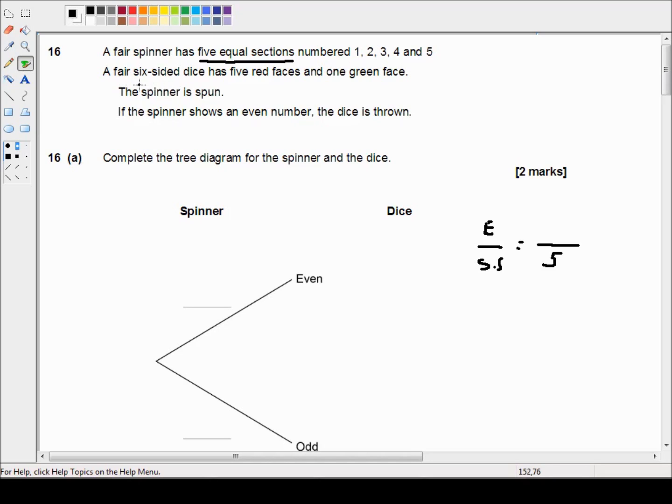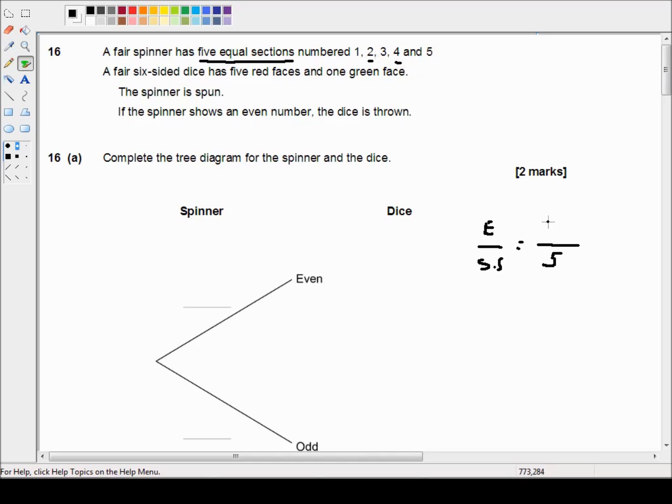Now, a fair 6-sided dice has 5 red faces and 1 green face. The spinner is spun. If the spinner shows an even number, the dice is thrown. So we've got the chance of the spinner being even and the chance of the spinner being odd. Well, we've got 1, 2, 3, 4 and 5. So 2 is an even number and 4 is an even number, and those are the only 2 even numbers in our sample space.